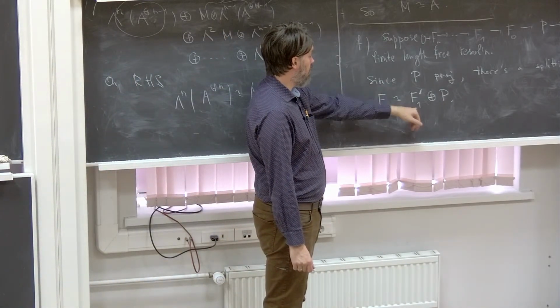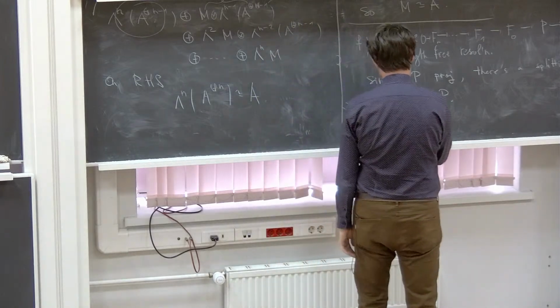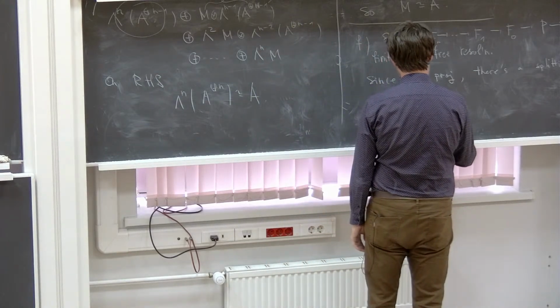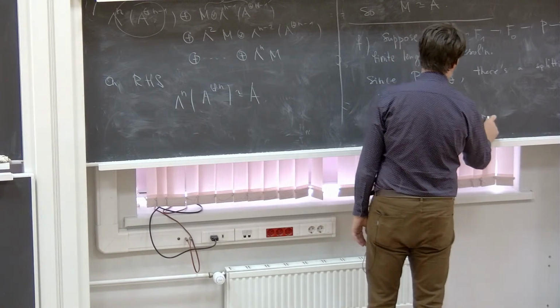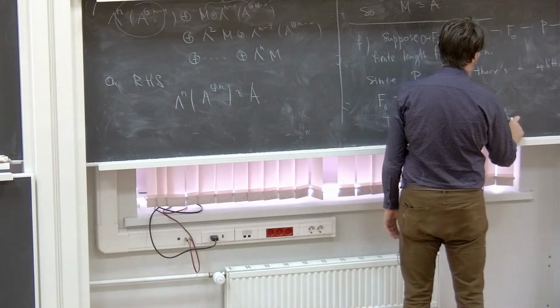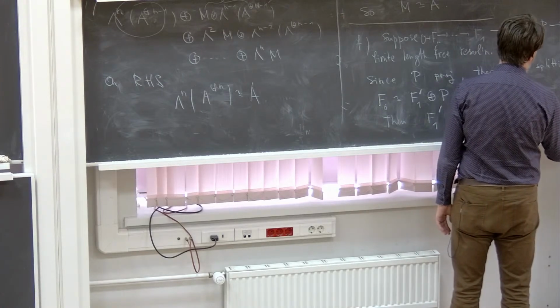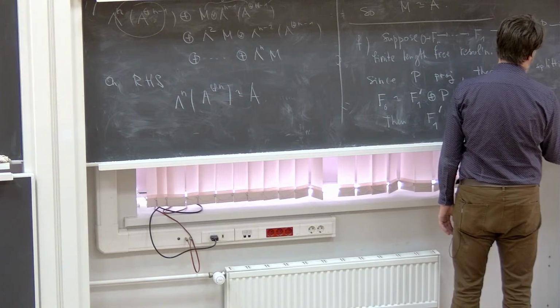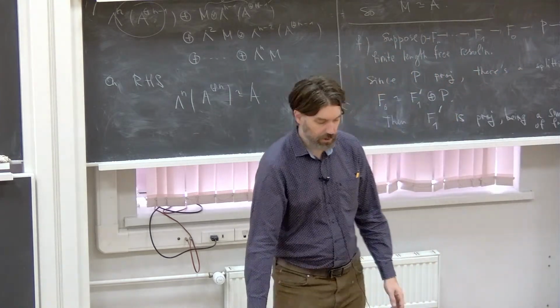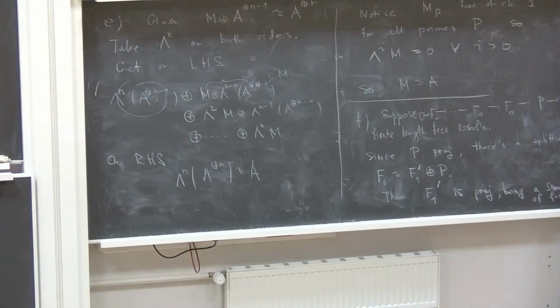Now, this image, F1 prime, therefore, is itself projective, because it's a summand of a free module. So then, F1 prime is projective, being a summand in a free module. And it's surjected onto by F1, so I can split that surjection and then continue inductively.